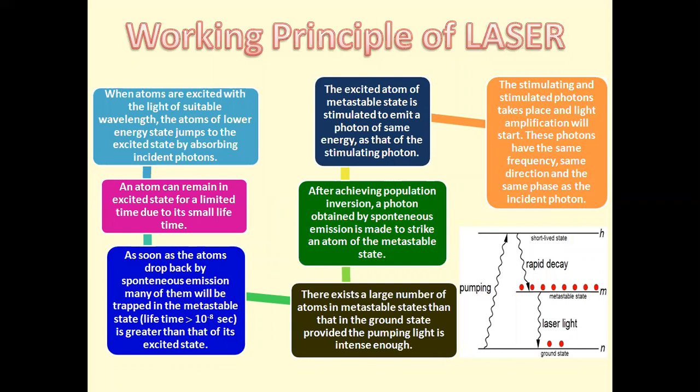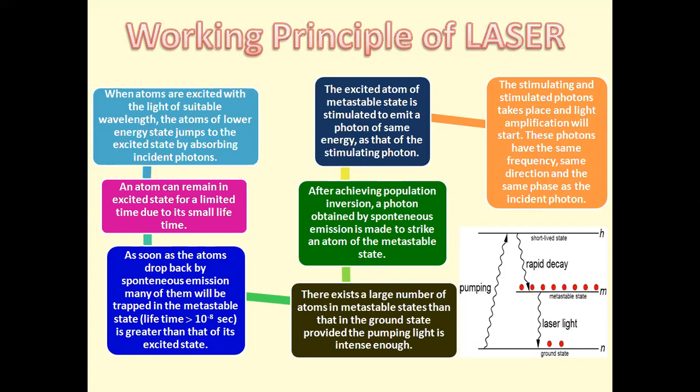In this slide, we discuss about working principle of laser. Firstly, when atoms are excited with the light of suitable wavelength, the atoms of lower energy state jump to the excited state by absorbing incident photon. So, the atom in the state N jumps to the higher energy state H. Secondly, these atoms can remain in the excited state H for a limited time.